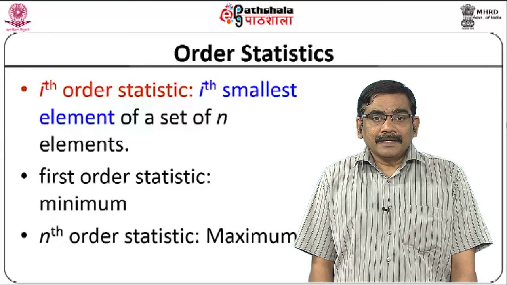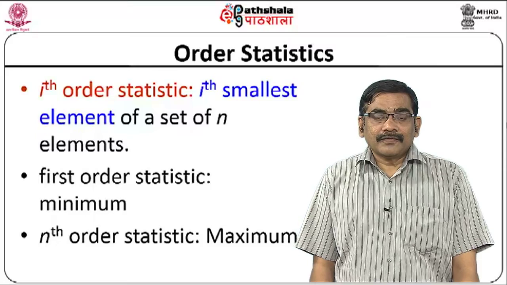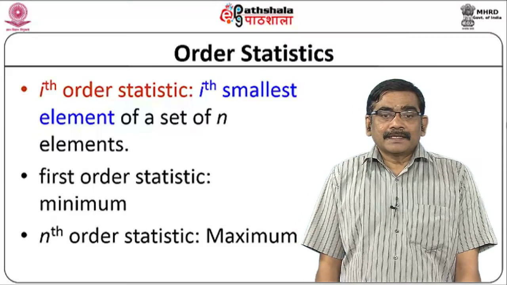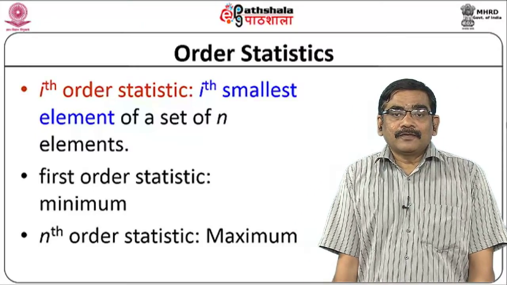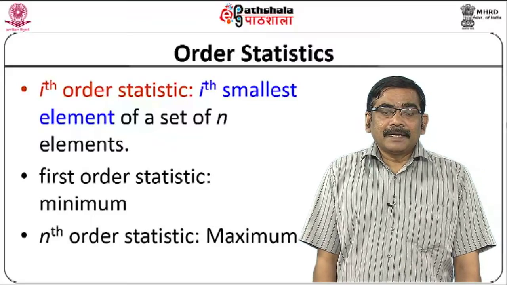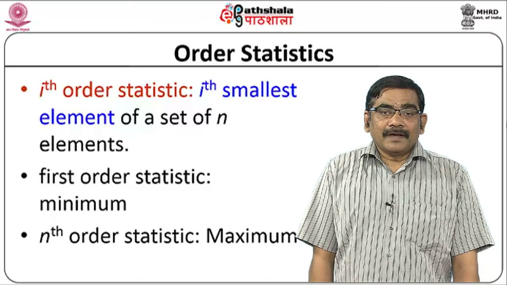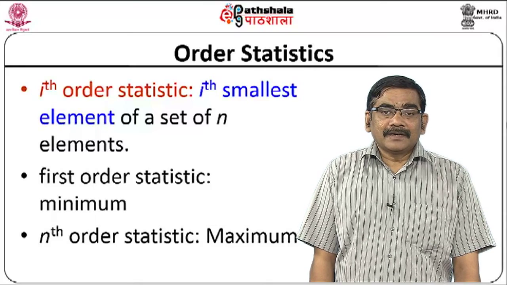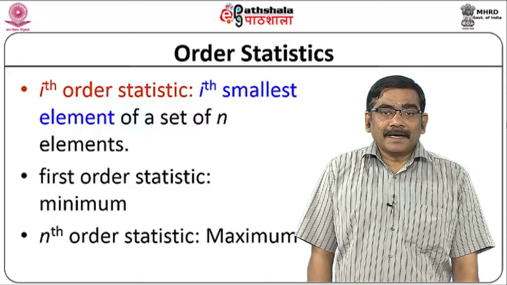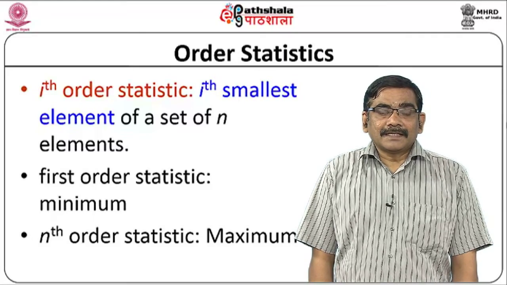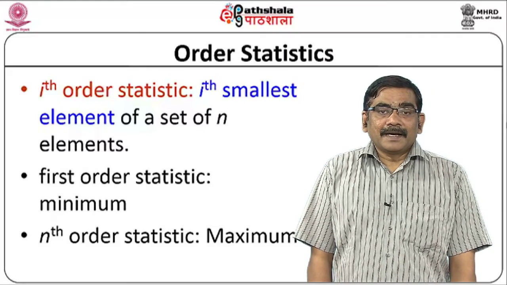Recollect that in earlier portions of the modules, we discussed various algorithms for finding the maximum and minimum of a given array. In fact, as part of the divide and conquer strategy, we also applied divide and conquer for finding the minimax.